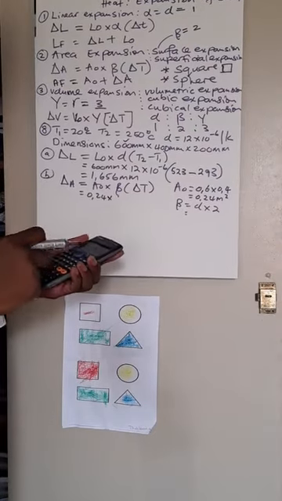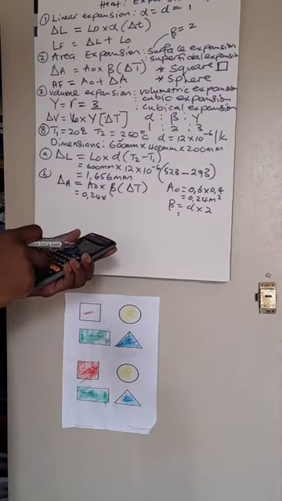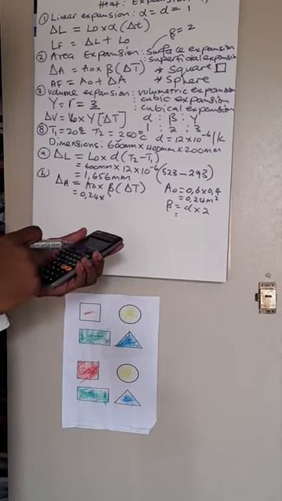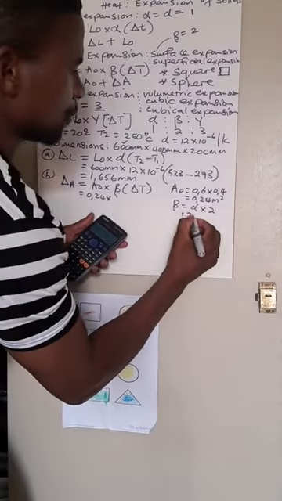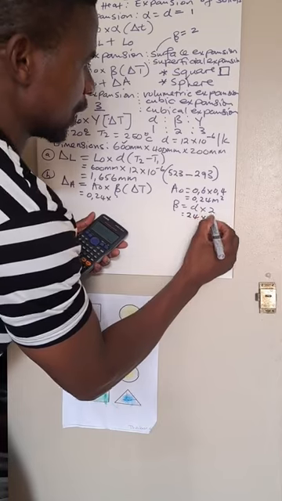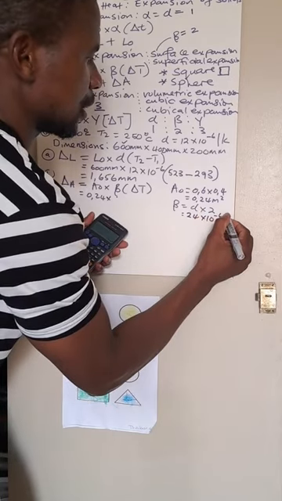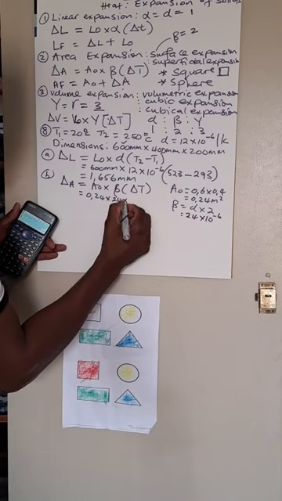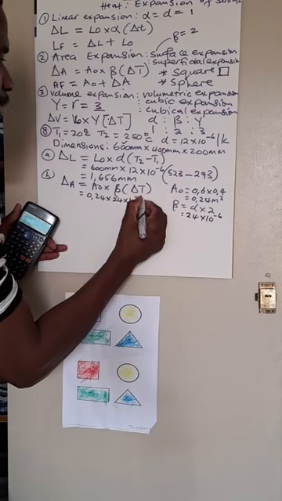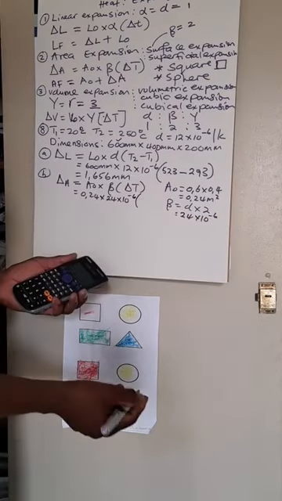So 12 times 10 to the power of negative 6 times 2, we are getting 24 times 10 to the power of negative 6. Perfect. So we substitute here 24 times 10 to the power of negative 6 times our change in temperature.